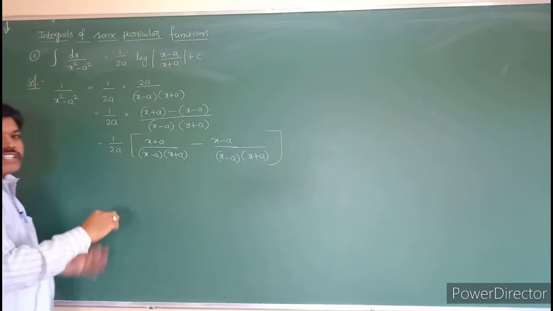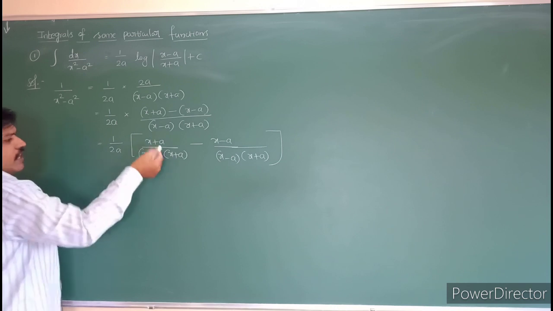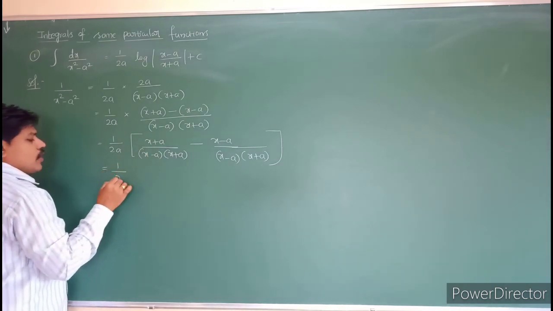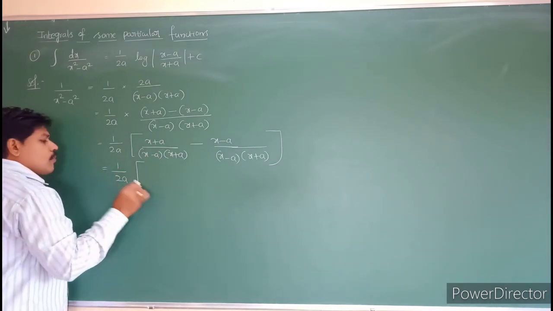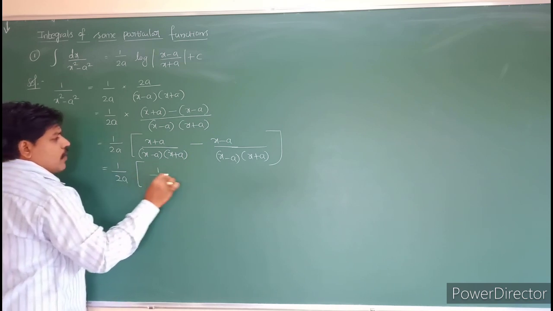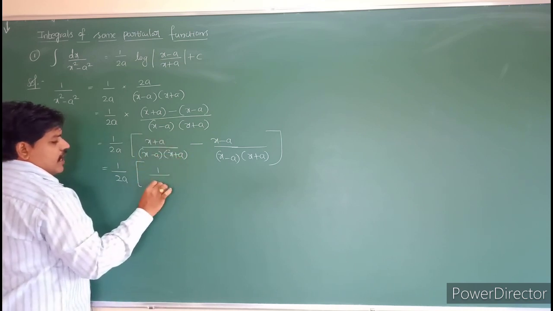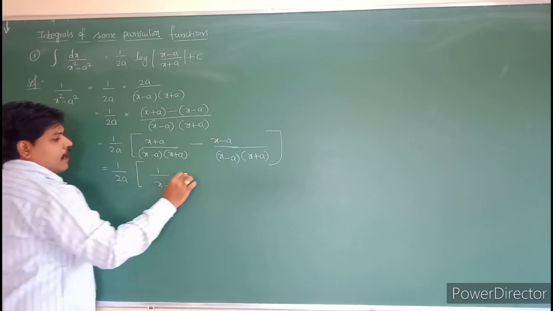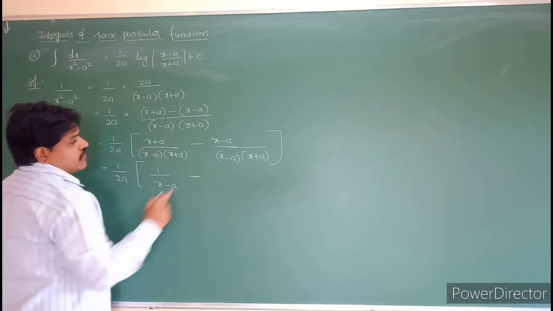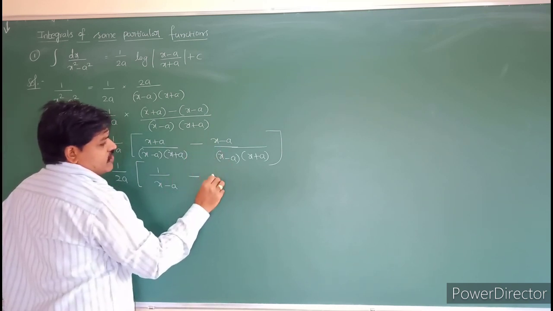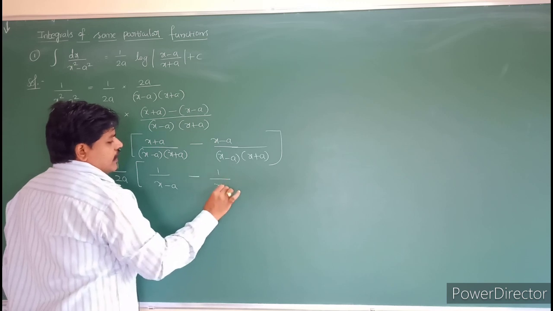So just I separated the terms. So here x plus a will be cancelled. What you will get, 1 by 2a into 1 by x minus a, and x minus a will be cancelled, you will get 1 by x plus a.